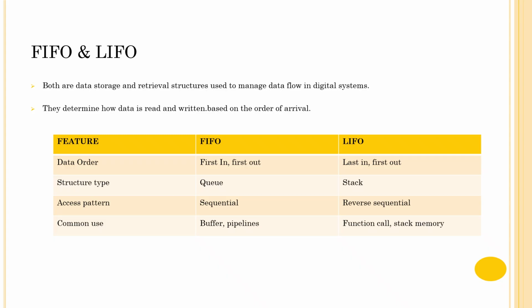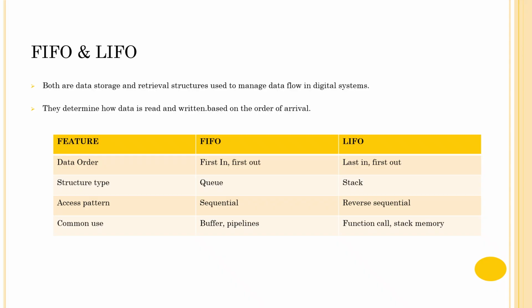On the other hand, LIFO, or last in, first out, behaves like a stack of plates. The last plate you put on the top is the first one you take off. It's widely used in stack memory, function call storage, and even in undo redo operations in software systems.